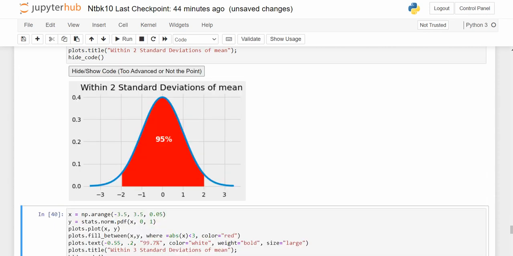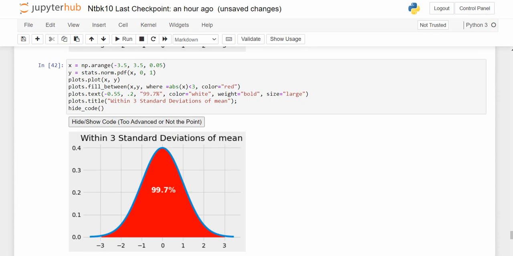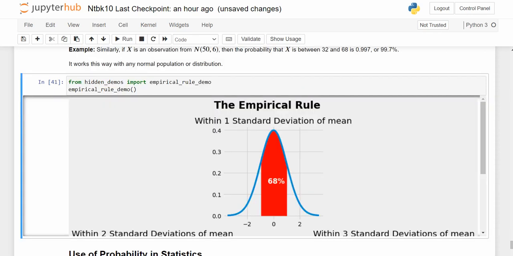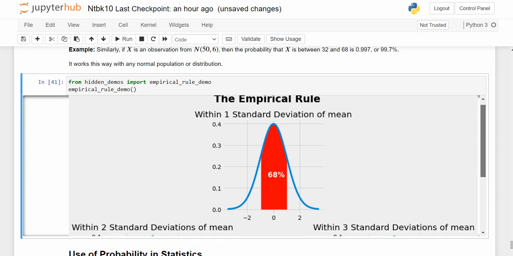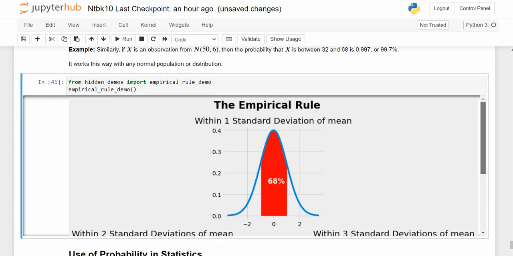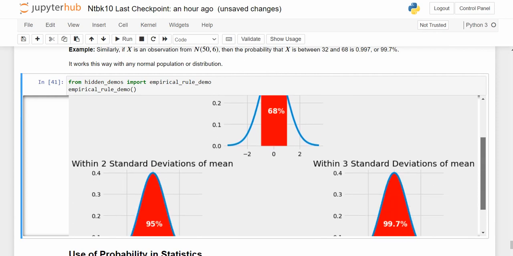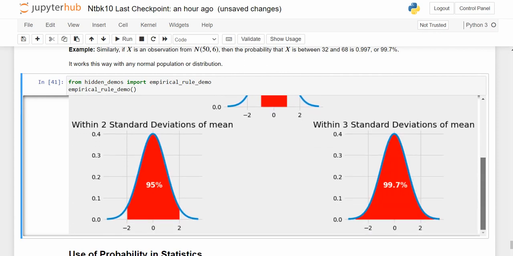And within two standard deviations, we find 95% of the population. And within three standard deviations, we find almost all of the population, right? 99.7% of the population. Now, the empirical rule is listed right here, right? One standard deviation captures 68%, and two standard deviations captures 95%, and three standard deviations captures 99.7.